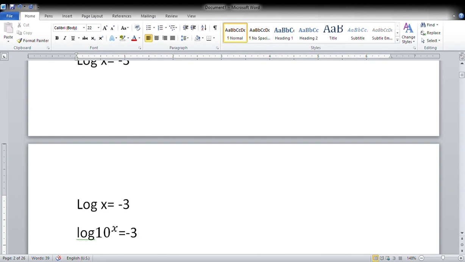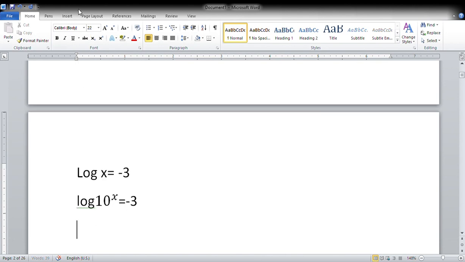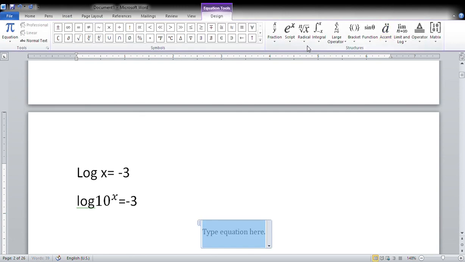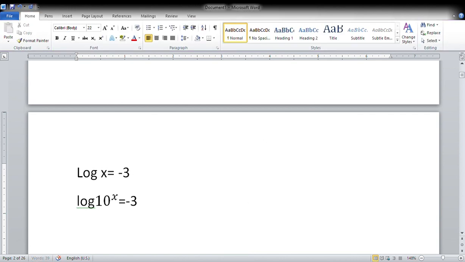So if it is present in logarithmic form and you want to convert it to the normal form, you can write it as 10 to the power, because you have already studied this. Let me give you one example.